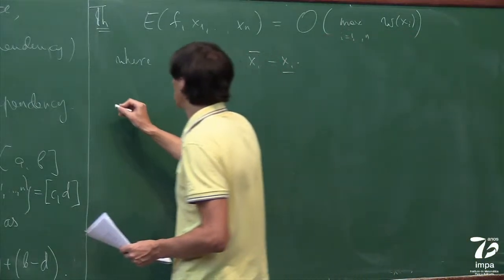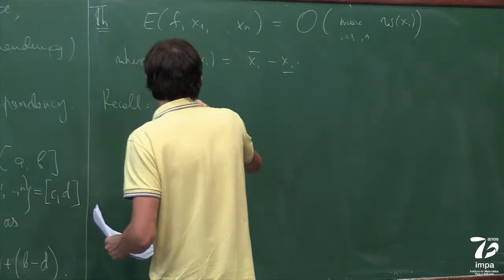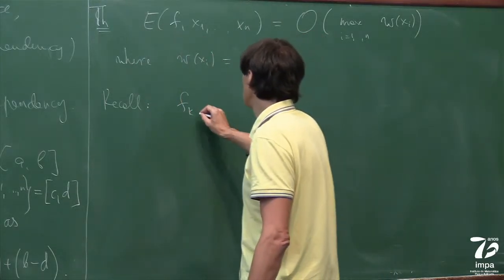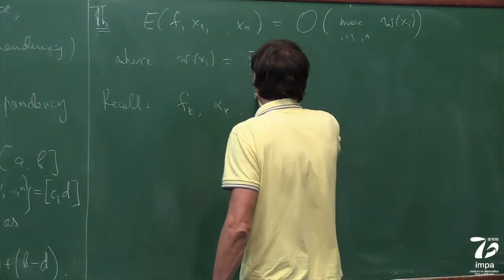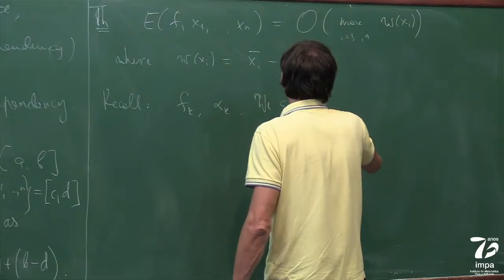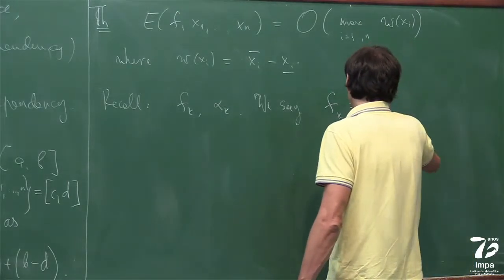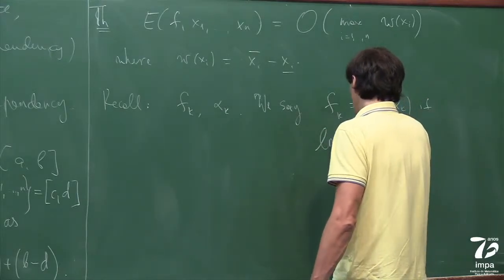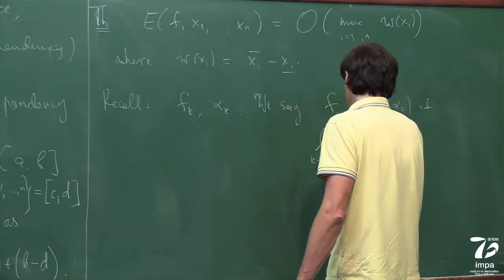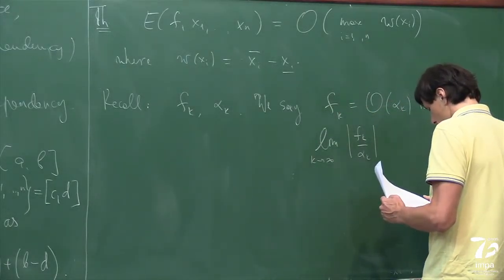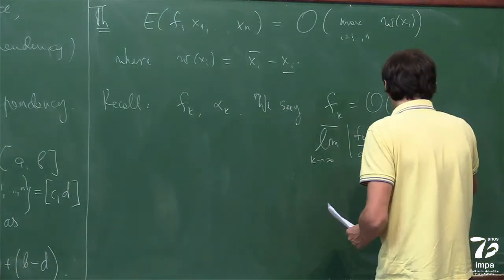So recall what big O is. If you have some function indexed by k and some estimating quantity also indexed by k, we say that f of k is O of alpha k if the limit as k goes to infinity of the ratio is bounded.